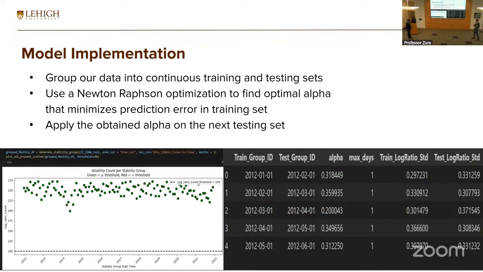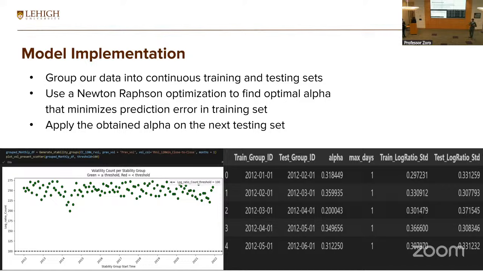So now we have our model, a very simple model. How did we implement this model? As I said, we wanted to optimize alpha. So what we did was we grouped each 2-hour volatility prediction that we had into monthly groups. We trained the optimal alpha that would minimize our prediction error on, let's say, January over there.